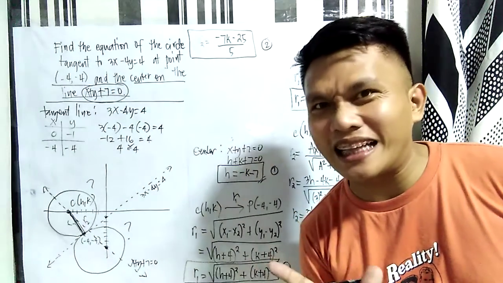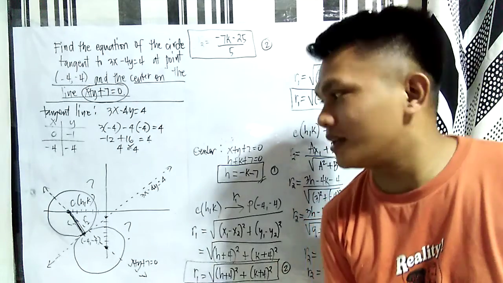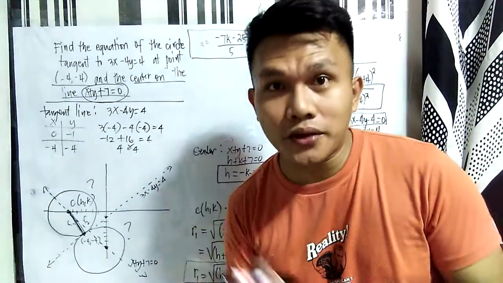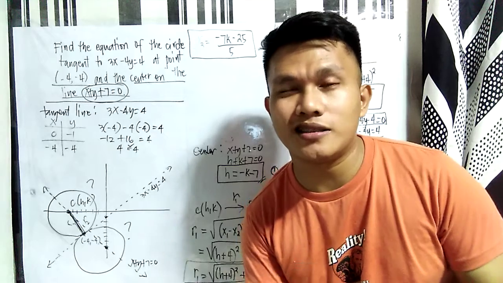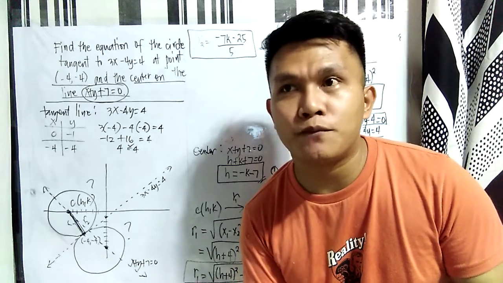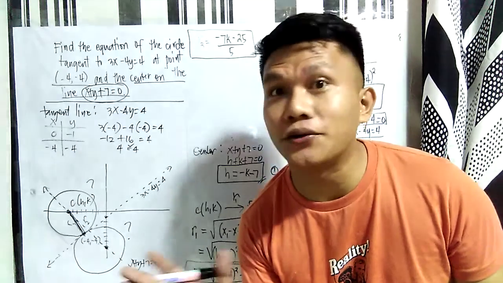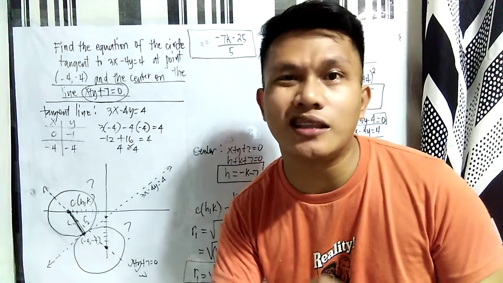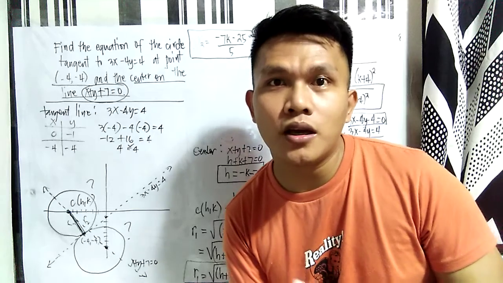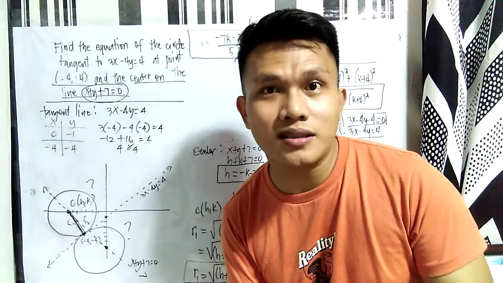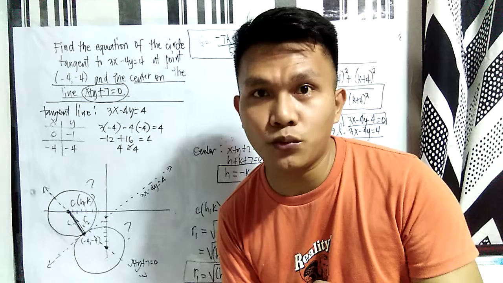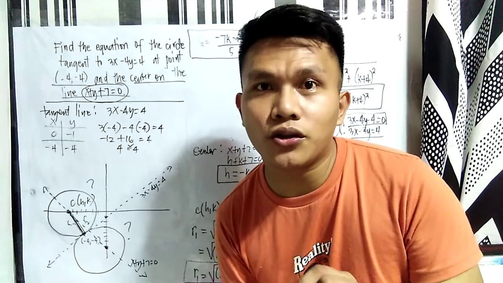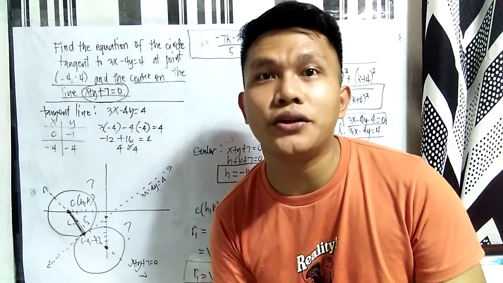Okay, so para makuha na natin ang ating value ng r, one of the theorems in our circle states that all radii of a circle are congruent. That's why in the definition of the circle, it is the locus of all points in a plane whose distances from a fixed point, which is the center, to any point on the circle are equal or the same.